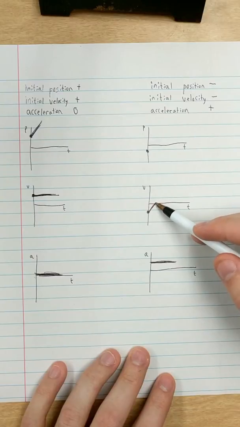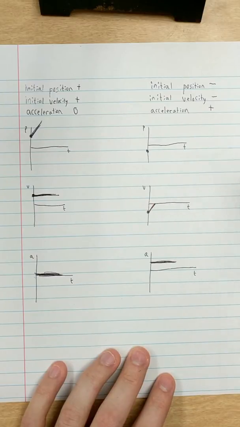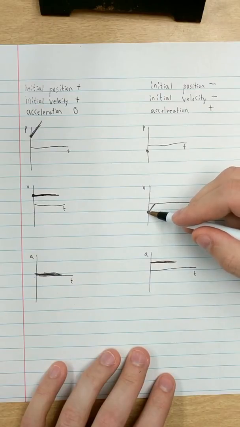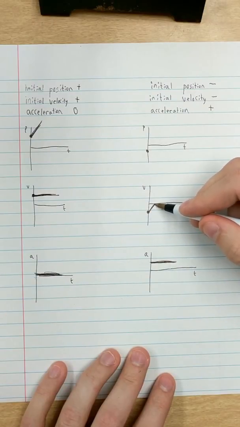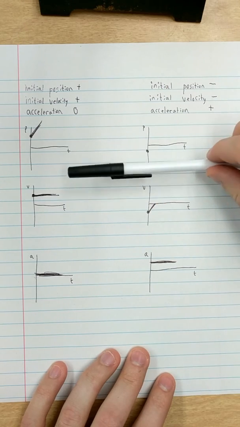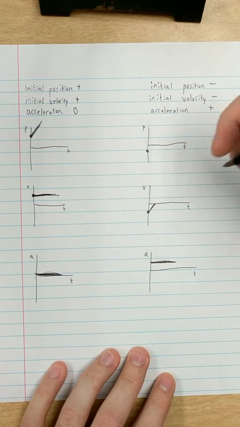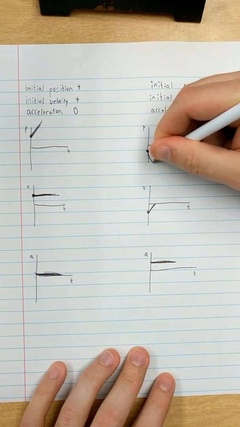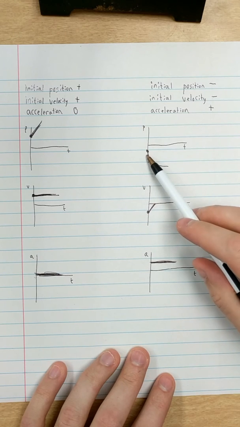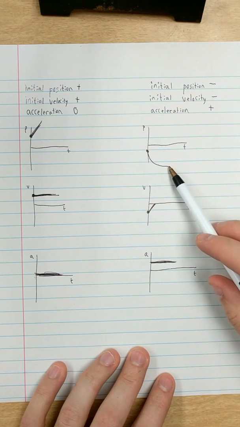I'm going to draw it first, stopped at the line, and then I'll continue later and show the other option. But in this case, see how I started with a negative value and ended with 0 value? That means I need to start with a negative slope and end with a 0 slope. So I'd come out this way and curve to flat. So those match. Negative value, negative slope, 0 value, 0 slope.